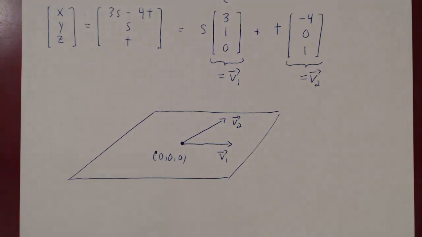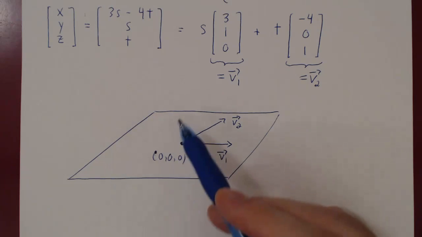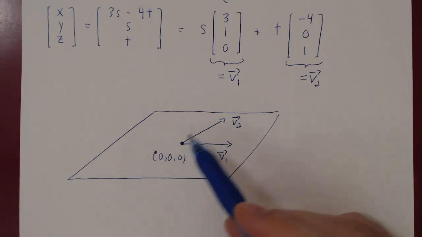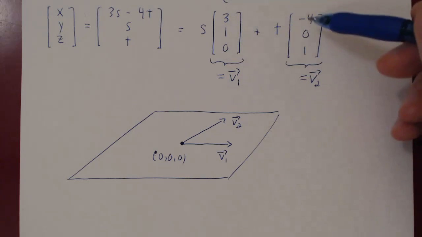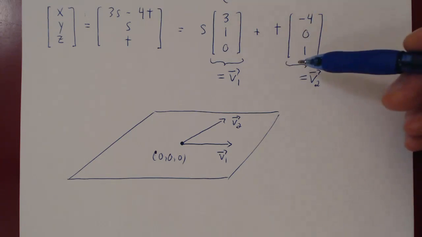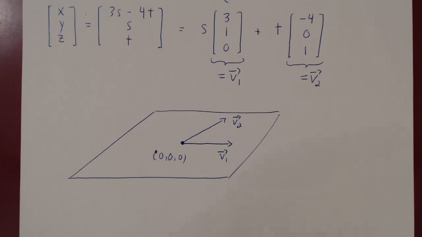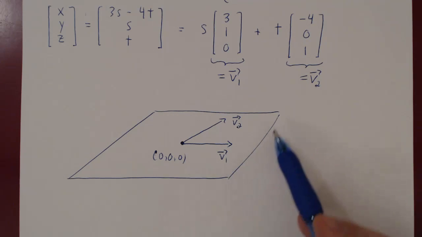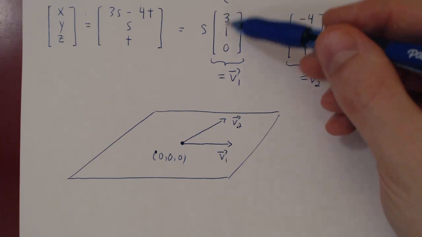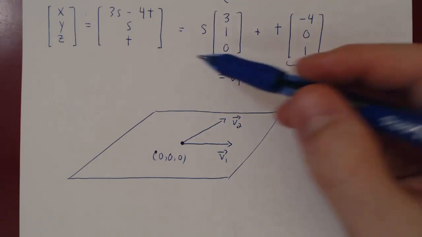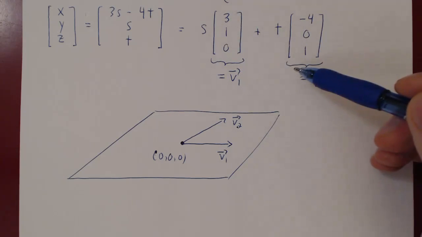So in a sense, what we've done here is kind of great, because the plane consists of an infinite number of points, and what we have done is we've taken this infinite object with an infinite number of points, and we have reduced it to two vectors, the vectors v1 and v2.